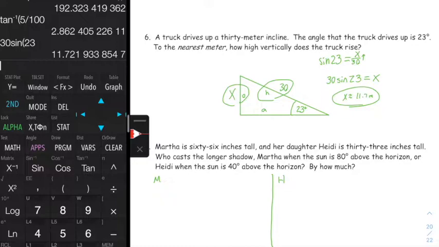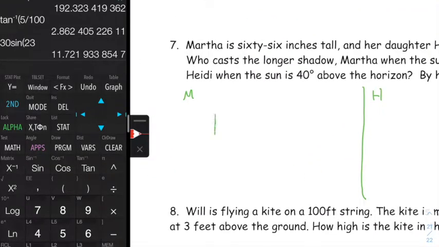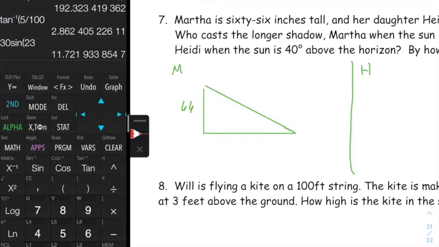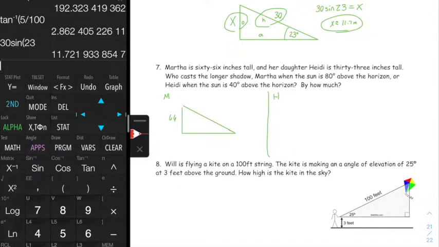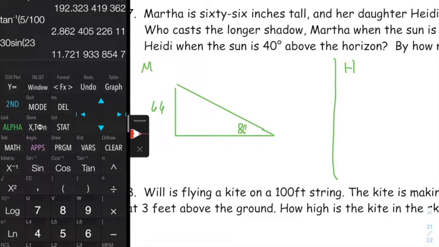So Martha is 66 inches tall. You could draw yourself a stick figure or something like that. Basically, all of these are going to have a right triangle, so just make sure you draw yourself a right triangle and you'll be good. So 66 inches tall, and the sun is 80 degrees above the horizon.